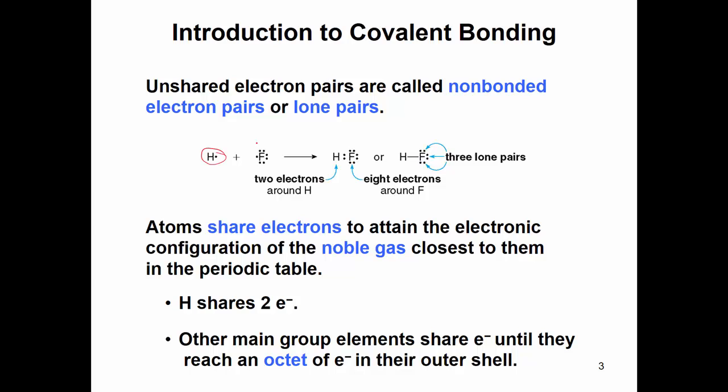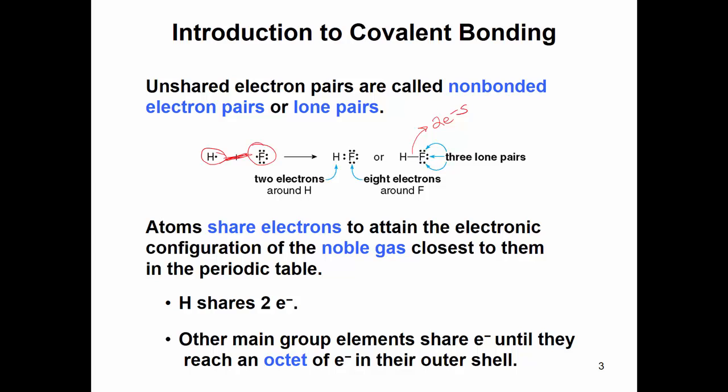We'll just put circles around here, but their orbitals get close enough in proximity where they make a covalent bond. So they share two electrons, and we also represent this by a line. So there's two electrons in the bond.